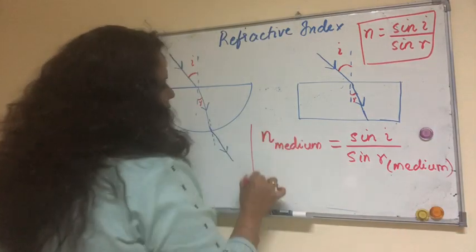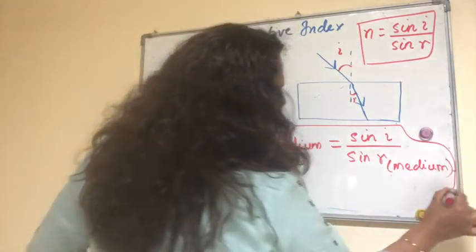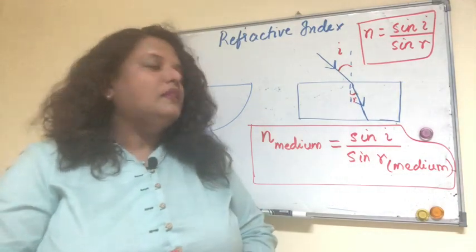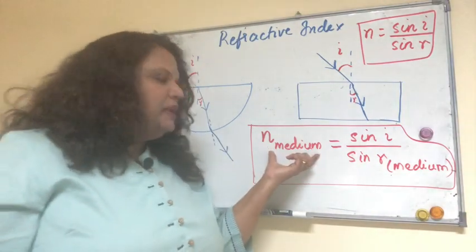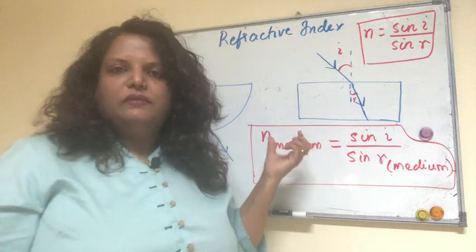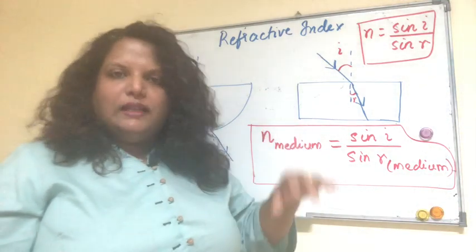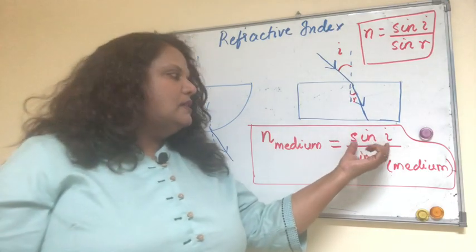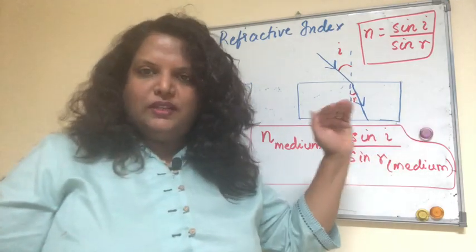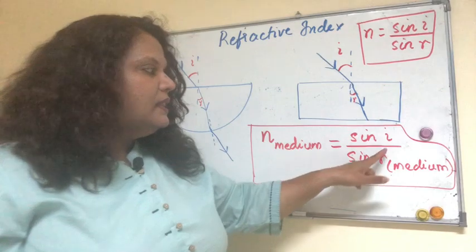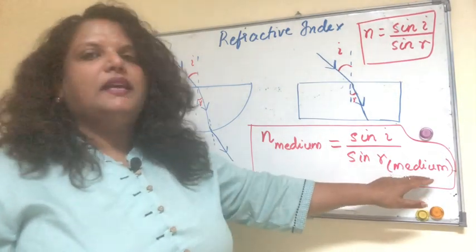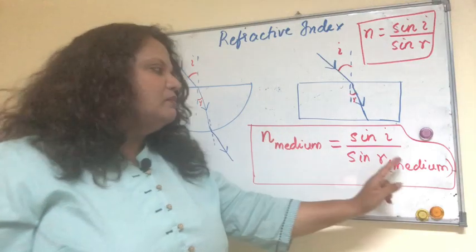This formula will definitely help you avoid any kind of mistakes. I repeat: if you take n of a medium, that is the refractive index of a particular medium, whether you're calculating or substituting, sin i is measured in one particular medium, but the denominator angle, r, must be inside the medium. So these two must be the same.